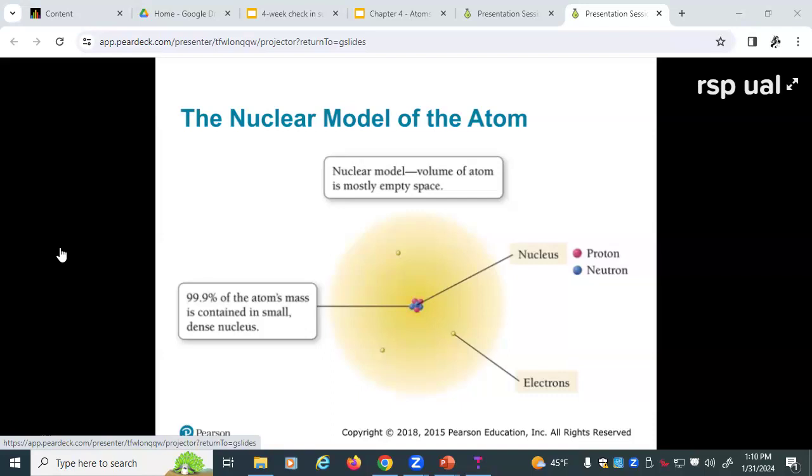So you've got this weird kind of dichotomy in that nuclear model. You've got high density, low volume in the nucleus, and you've got all the volume you could want and virtually no mass in the electrons. And yet these two are representing the entirety of what we call an atom.